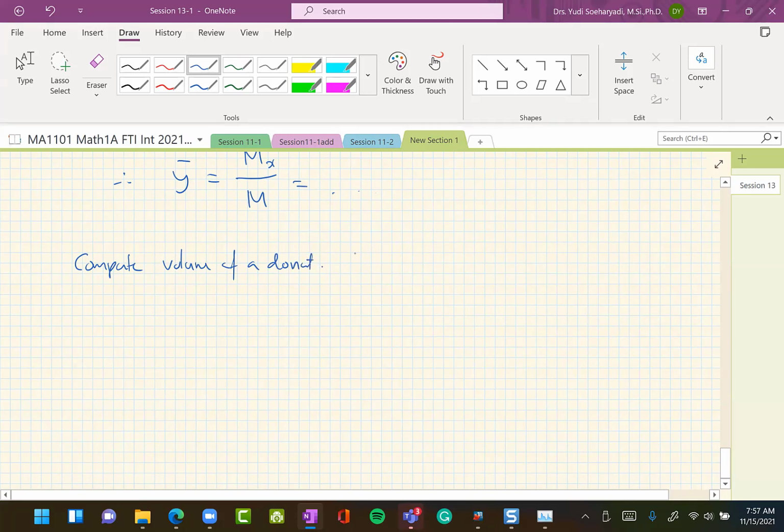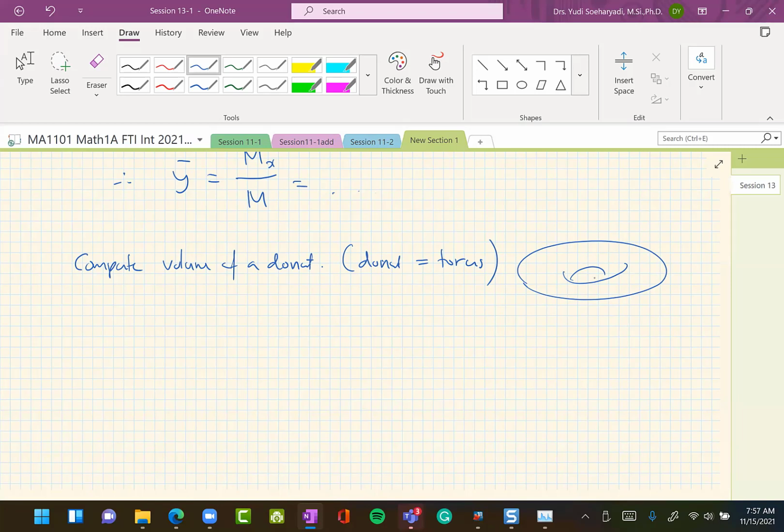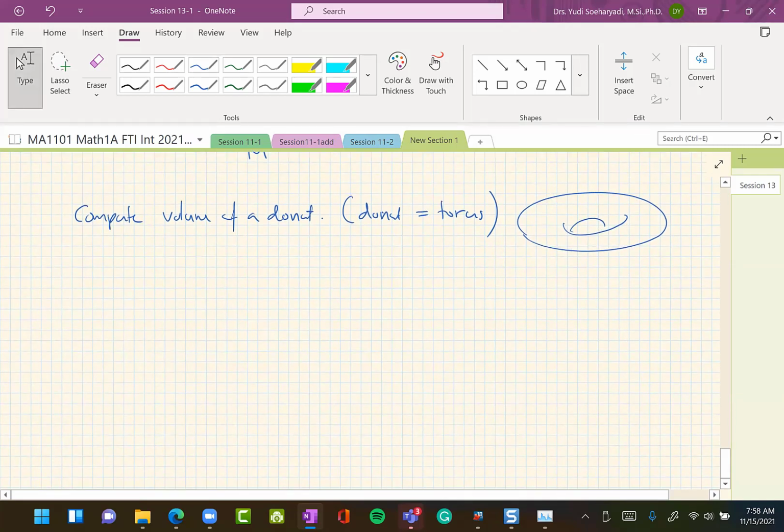Donut, technically, is a torus. The shape here. Okay. All right, this is a shape that you haven't found the formula for yet when you're in high school, right? So we really need calculus to compute this one.